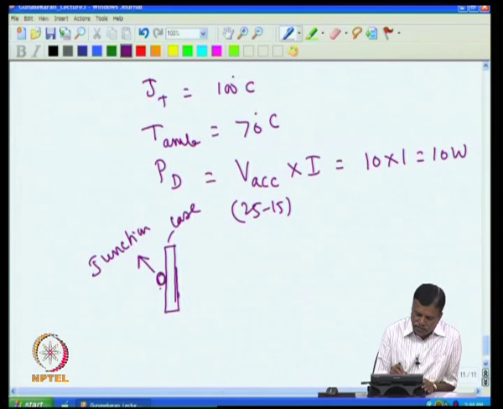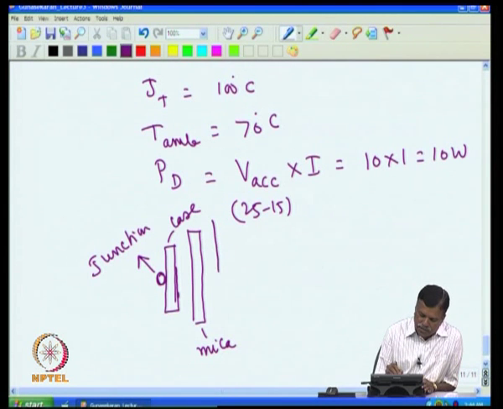Whatever heat is dissipated here, the 10 watt, has to come to the case. Now, from the case, what normally we do is we put a mica for insulation, to insulate the heat sink, we put mica here, then we put the heat sink.